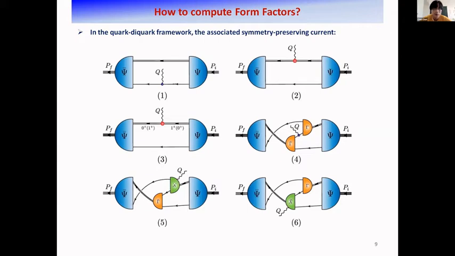Diagram 5 means the probe interacts with the diquark's breakup amplitude. This term is called the Seagull term. And diagram 6 is the charge conjugation of the Seagull term. By solving the Faddeev equation, we have the Faddeev amplitude psi.